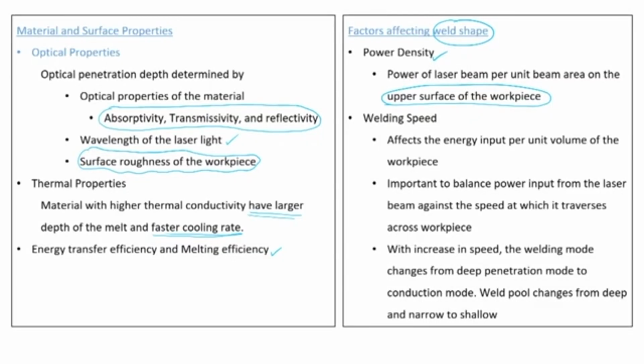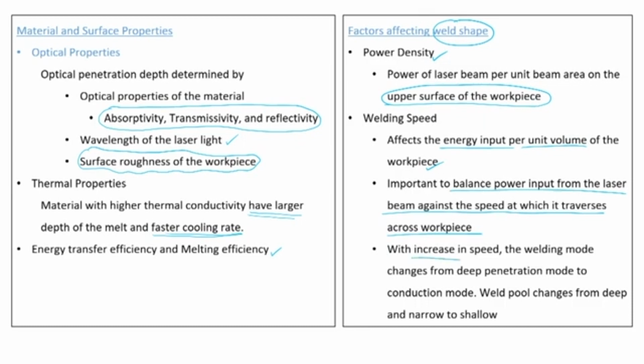In case of the speed, it is affecting the energy input per unit volume of the workpiece, and it is also important to balance the power input from the laser beam against the speed at which it traverses across the workpiece. The speed is fine tuning the balance of the power input from the laser beam with the workpiece.